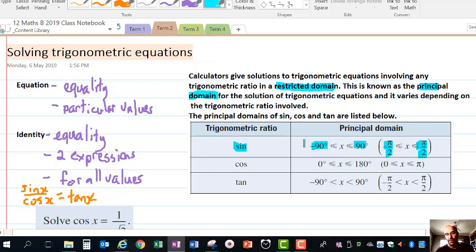So the calculator will express it in that restricted domain. For cos, it's between 0 and 180, or 0 to pi inclusive. And tan, notice it's exclusive because of the asymptotes, the undefined aspect of tan, negative 90 and 90. So virtually the same are sine and tan, except for the exclusion/inclusion. Cos is different, it's 0 to 180 or 0 to pi radians. That's called the principal domain.